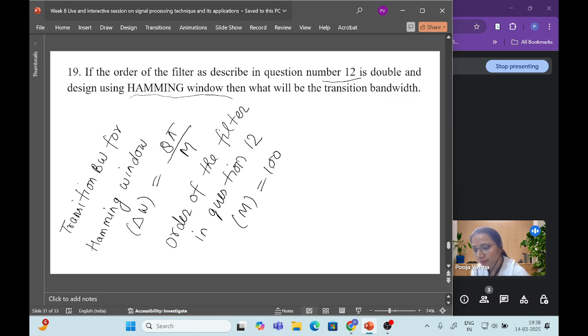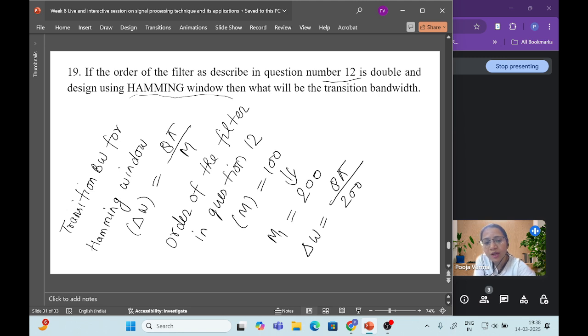Now, if the order of the filter described in question 12 is doubled, then it will be 200. So what will be the transition bandwidth for the Hamming window? It is 8 pi by 200, already we know that, because we have the order.